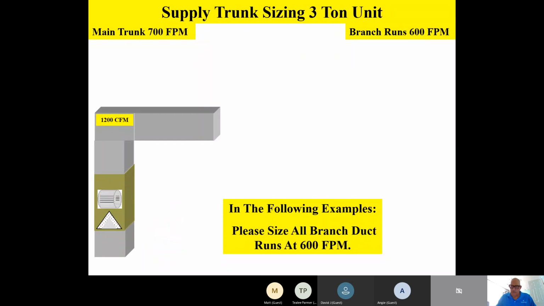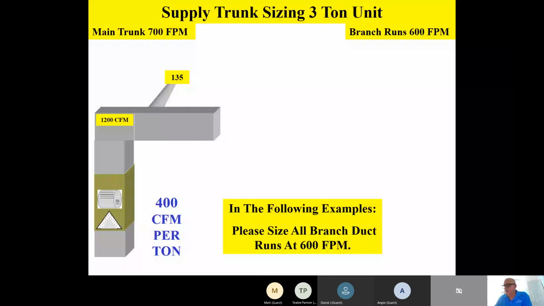And so remembering that at 600 feet a minute, our very first takeoff, we're going to have to provide 135 CFM into this first room. So we've done our Manual J load calculation or other method of determining airflow into each space, and we need 135 CFM in this first space, but we're going to size that ductwork at 600 feet a minute velocity.